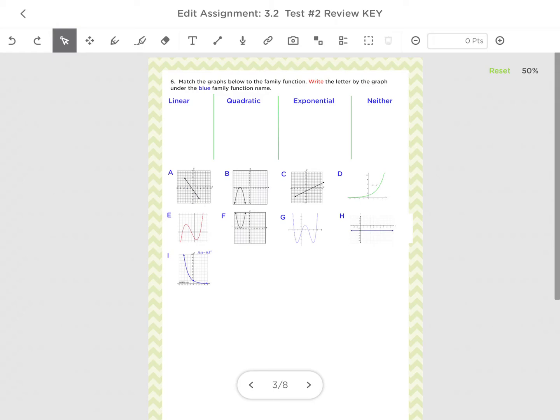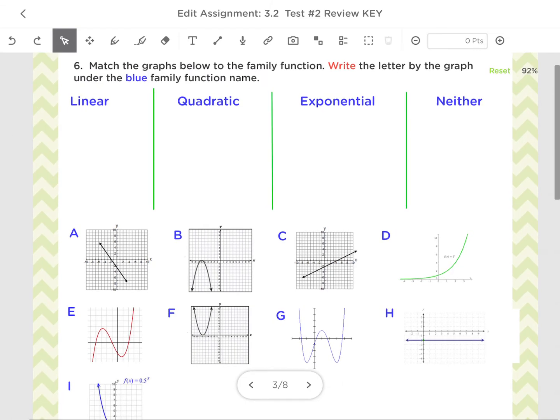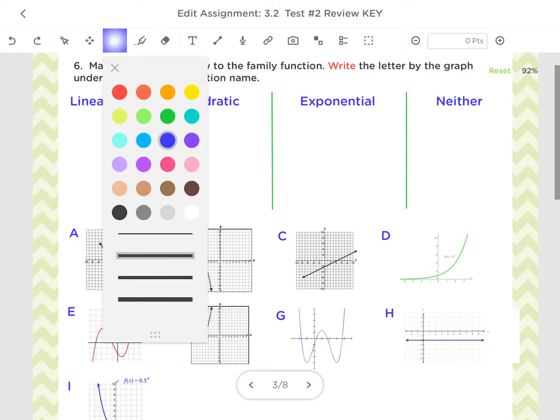Looking at the next one, it says match the graphs below to the family function. Write the letter by the name of the graph under the blue family function name. So we have linear, quadratic, exponential, and neither. If it's a graph you haven't seen before, then that's probably a neither graph. I'm going to use my writing tool, let's say red.